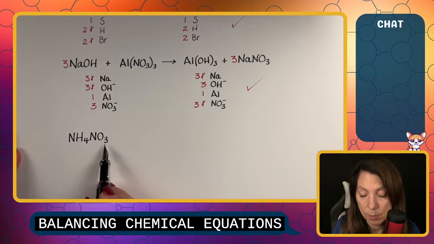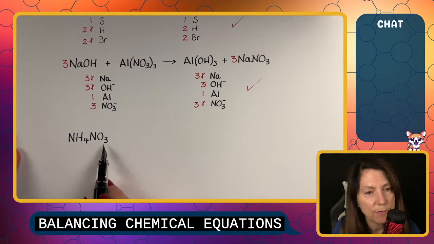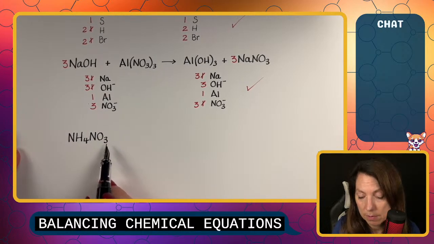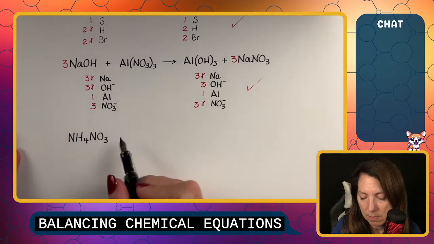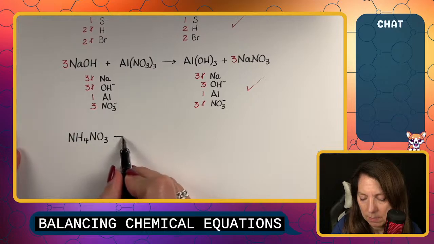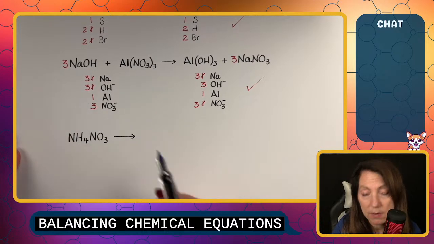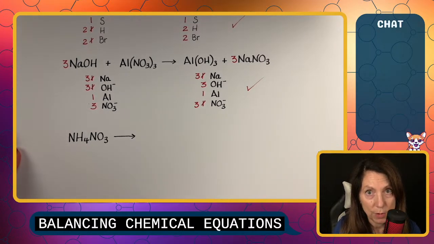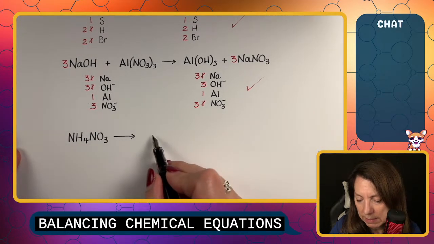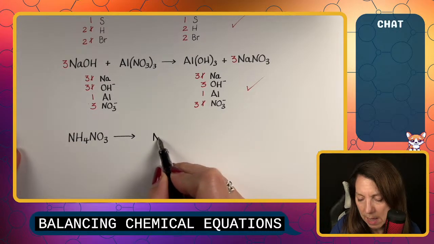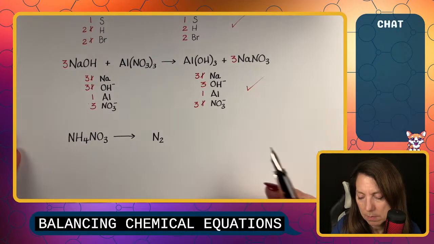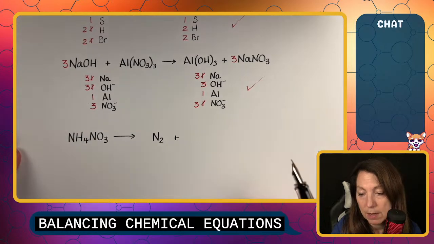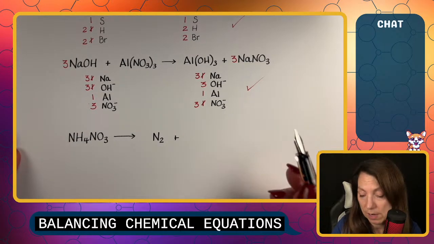That's -1 charged. So these two can form an ionic compound. And it is actually explosive. It's a solid compound, but it can explode. And when it does, it releases nitrogen gas. It also releases oxygen gas.